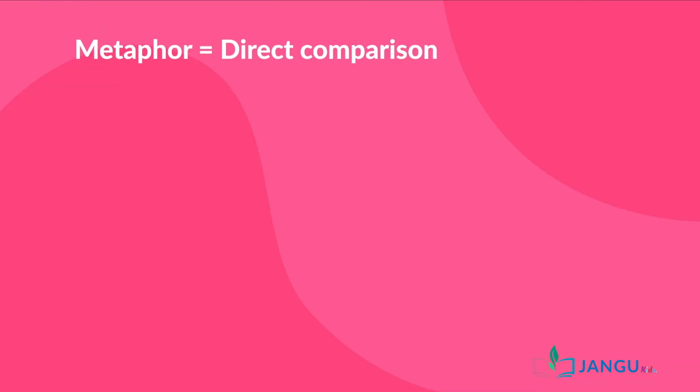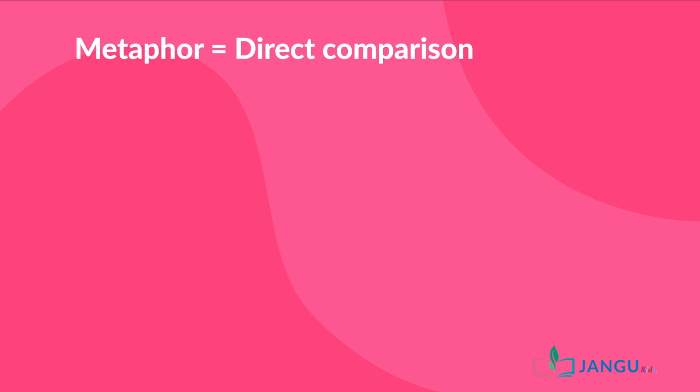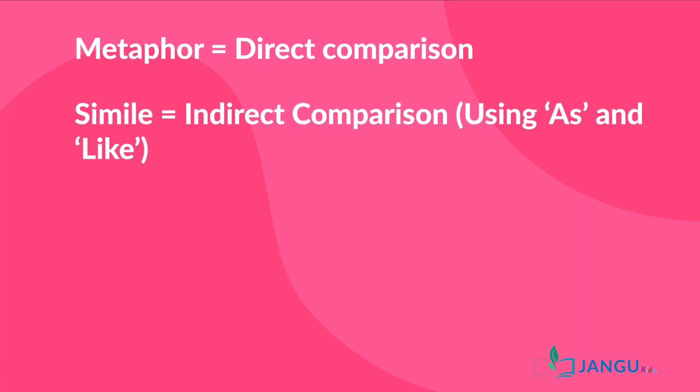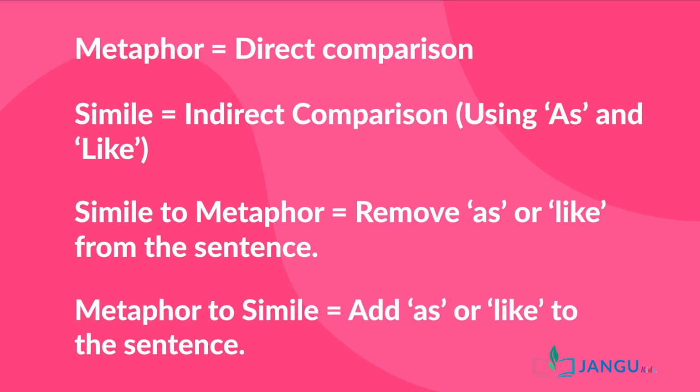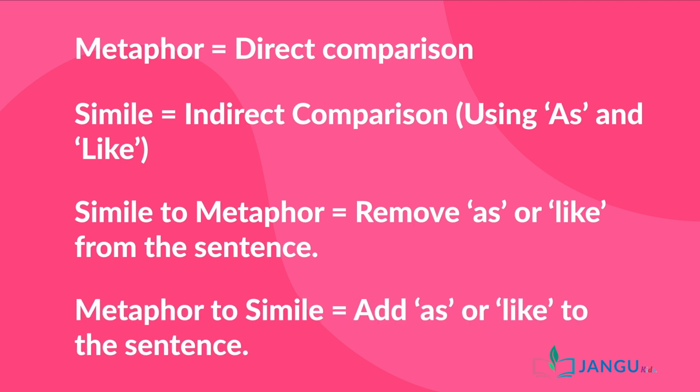Just remember that metaphors make a direct comparison and similes make an indirect comparison using the words like and as. So, if you want to change a simile to a metaphor, you simply remove the as or like in the simile sentence, and if you want to change a metaphor to a simile, you simply add as or like to the metaphor sentence. Easy, right?